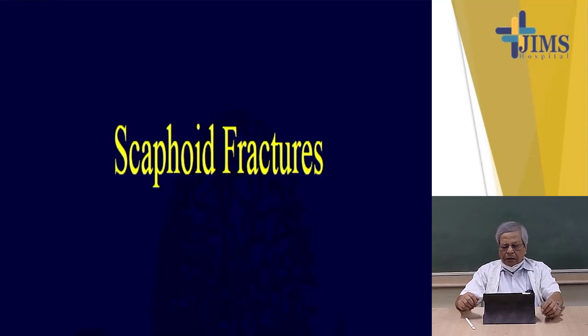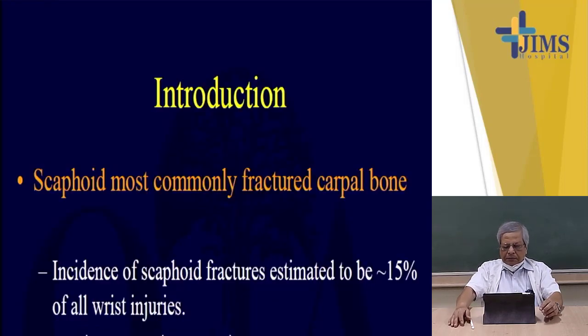This morning I am going to talk about the fractures of the carpal bones. There are 8 carpal bones. Amongst all 8, scaphoid fractures are special because the scaphoid is the most commonly fractured carpal bone.